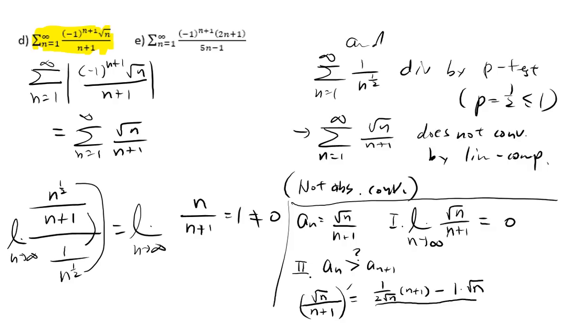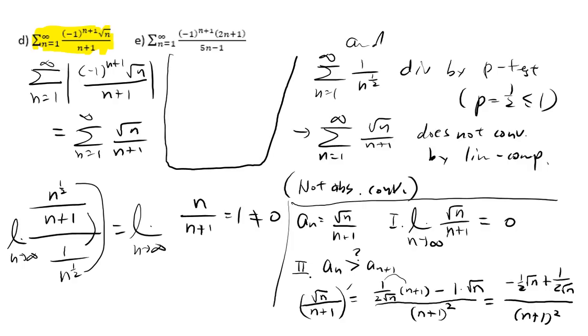And then n plus 1 squared. Now this thing here is 1/2. If you multiply these two, it's 1/2 of square root of n. So you're going to get negative 1/2 square root of n, and then plus 1 over 2 square root of n, over something squared.